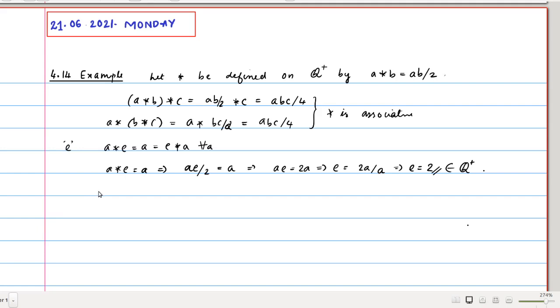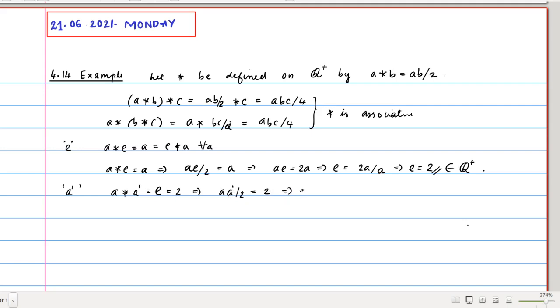Now we can verify the existence of the inverse. For the inverse of a, we denote a prime such that a star a prime is equal to the identity, which is nothing but 2, and we have to solve this. By the definition of a star a prime, this is a a prime by 2, which is equal to 2 itself, because e is equal to 2.